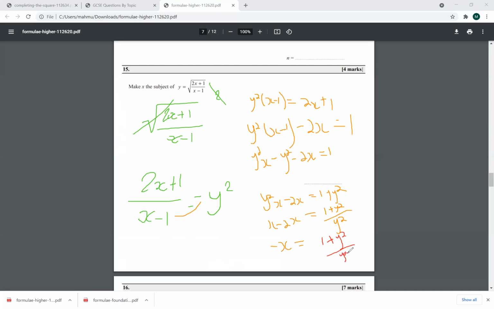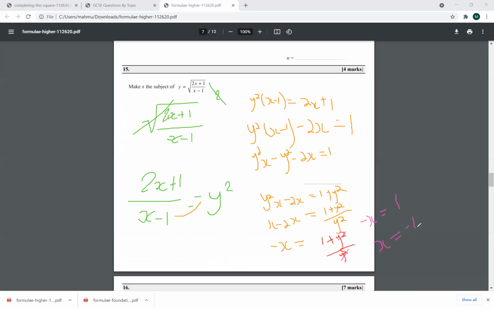Now what I could show them is I could cancel out the two y's. So here, I'm going to cancel this y squared out with this one. So now I'm left with minus x squared equals 1, right? And I take the minus to the other side, so x equals minus 1.